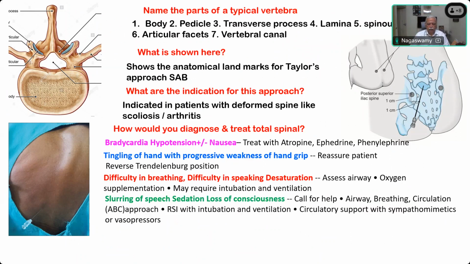Sometimes they may also have slurring of speech and suddenly lose consciousness. Then call for help, ABC, rapid sequence intubation and ventilation, circulatory support with sympathomimetics, vasopressors and fluids. If it is a xylocaine total spinal, you need not worry. It will revert back within 1 hour, 1.5 hours, and the drug effect wears off.